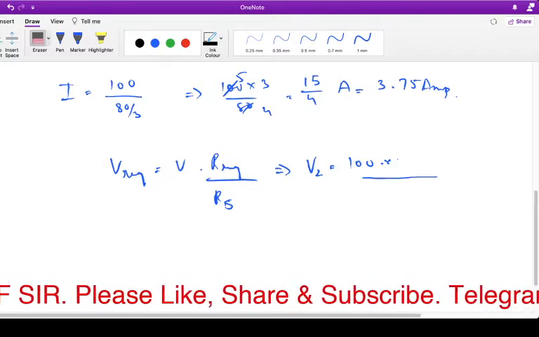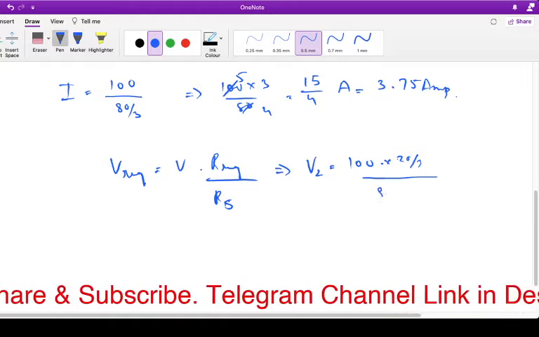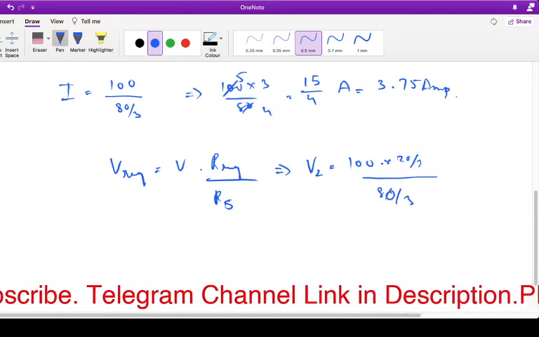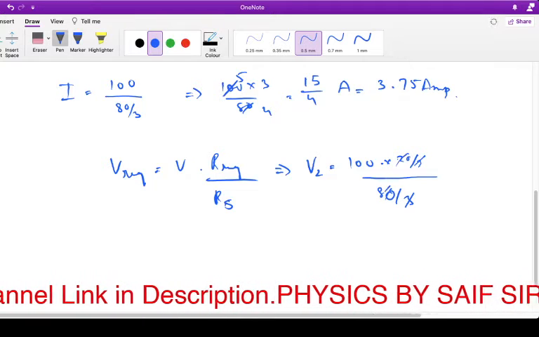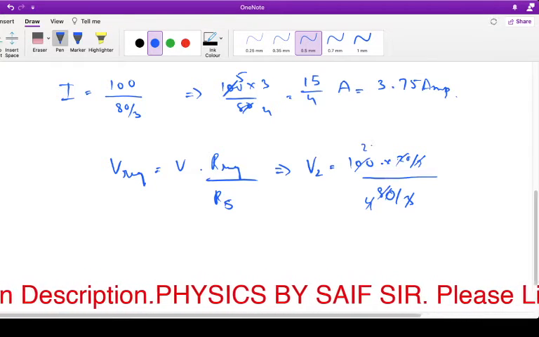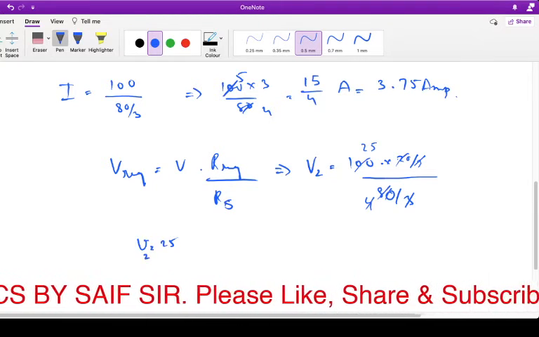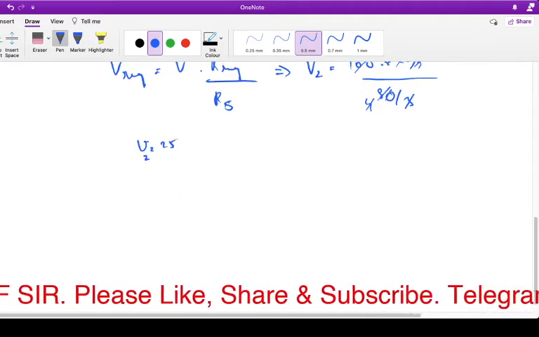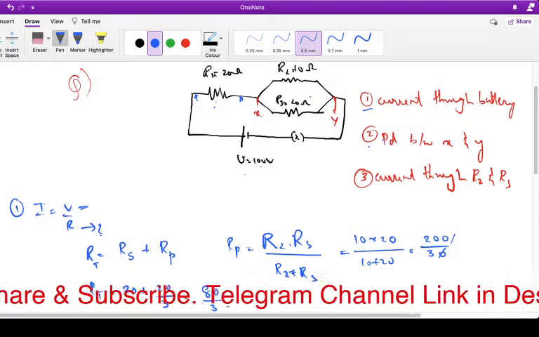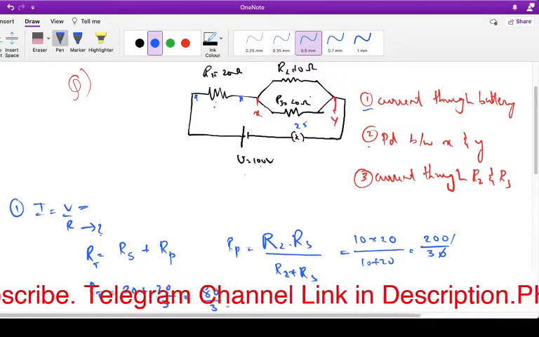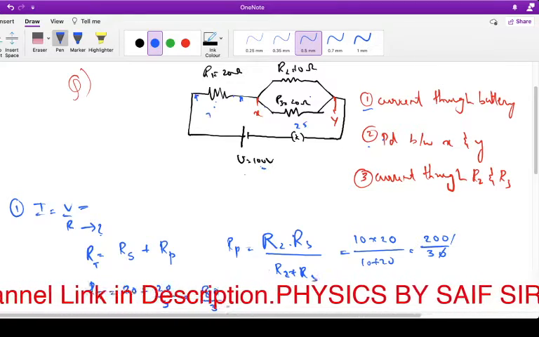This 3 will get cancelled, and 4 into 25 gives V2 as 25 here. So the potential difference between X and Y is 25 volts. Now you can easily subtract it from 100 volts, and the voltage drop for this one is 75 volts.